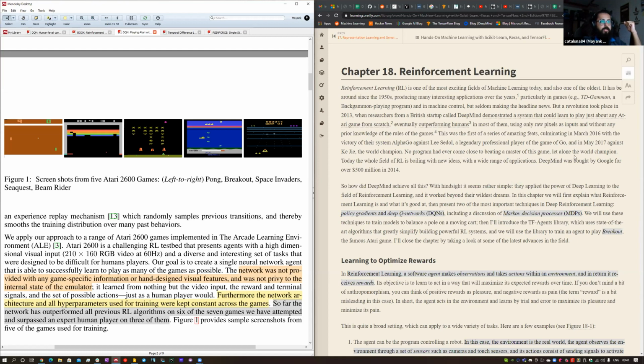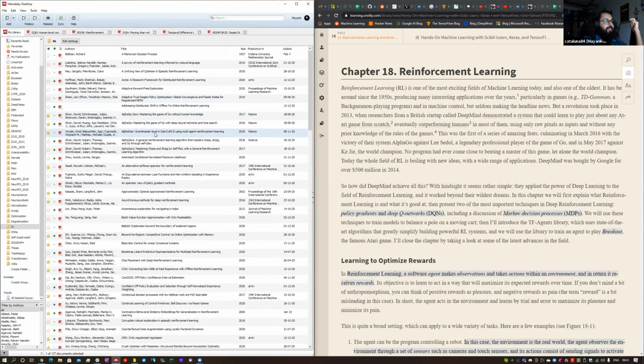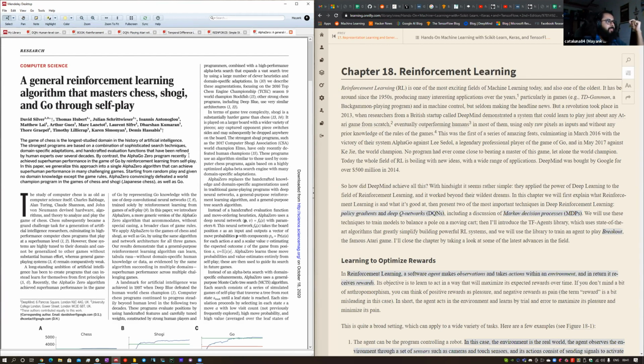From then on, they have been improving their AlphaGo and Alpha series of algorithms to master chess, shogi, and other games too.